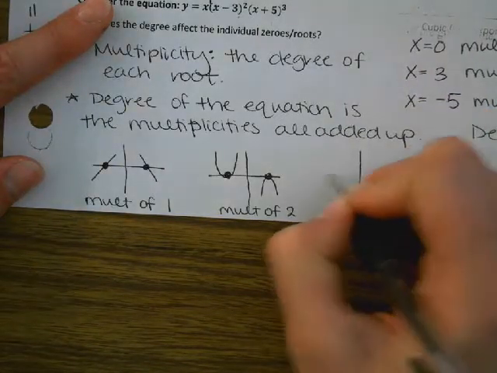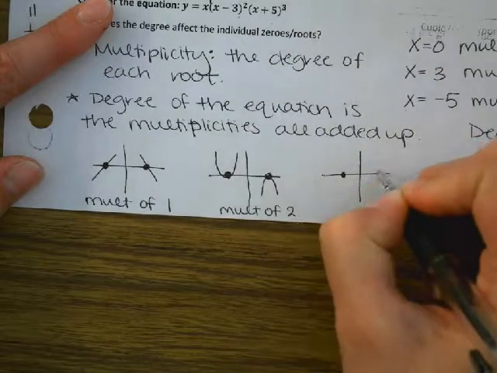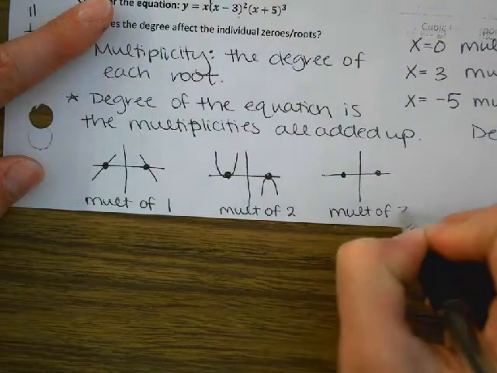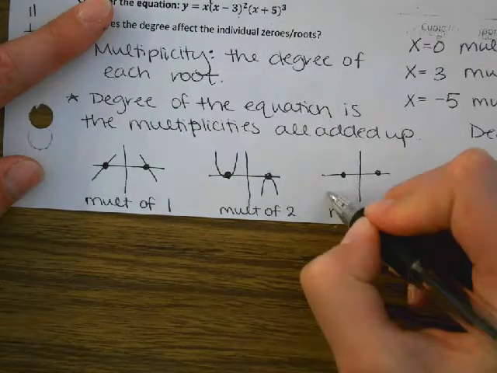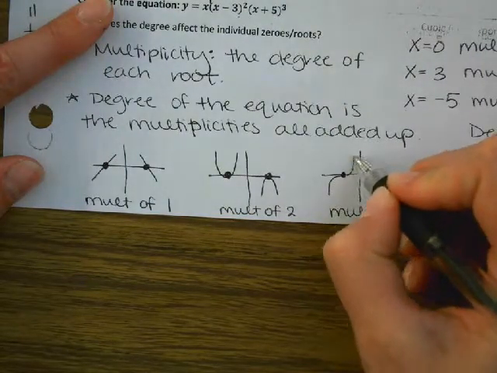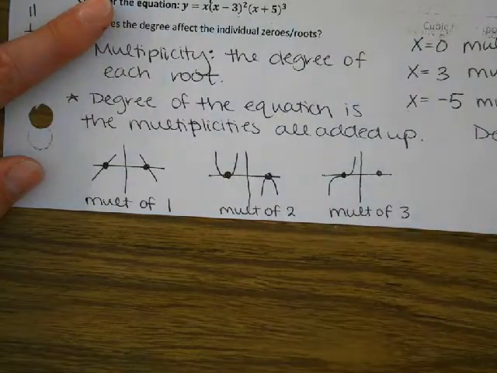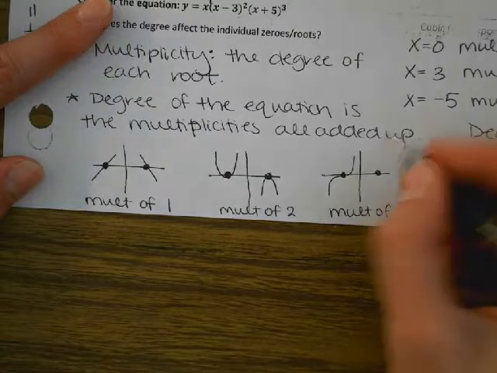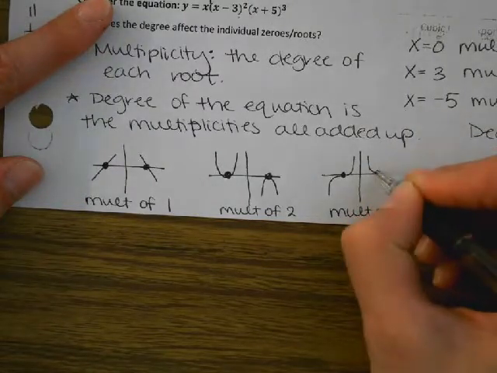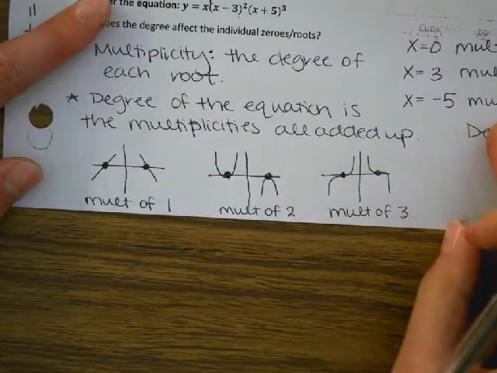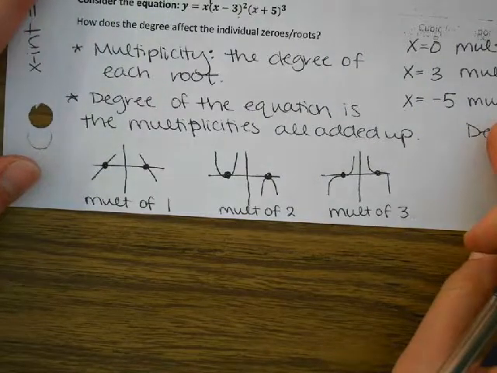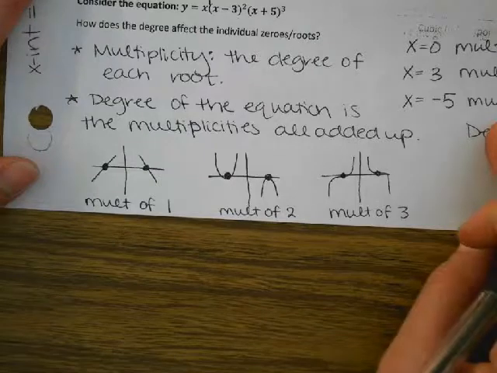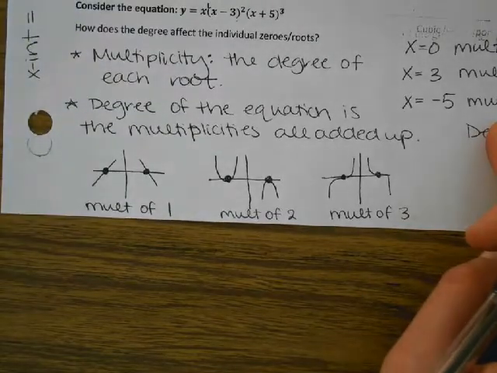And then a multiplicity of 3 would say it's going through the x-intercept still, but it curves as it goes through the x-intercept. It doesn't go straight through, it curves on the way through. So that's what multiplicities of 3 would look like. And they can go up to the right as they go through, or they can go down to the right as they go through.